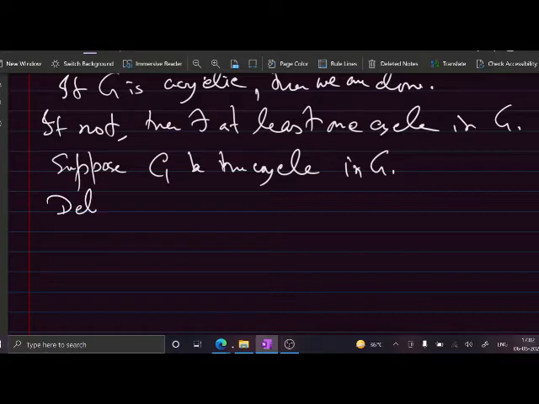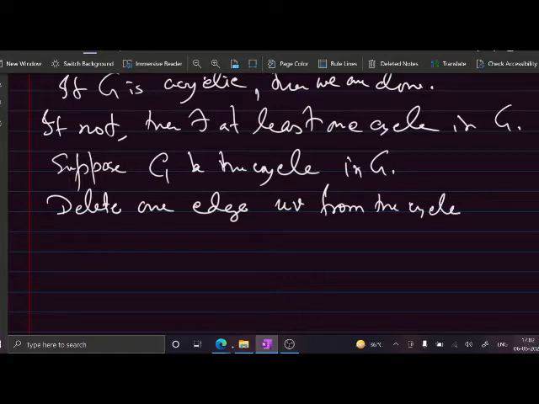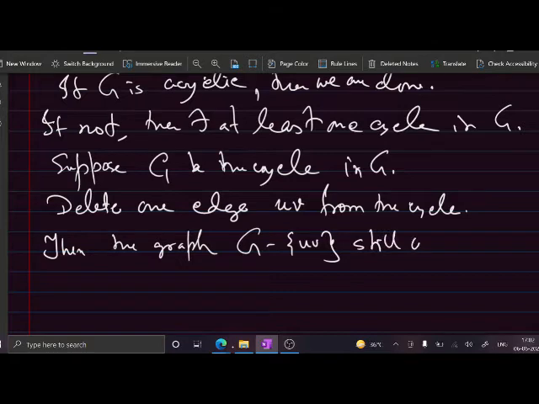So you are going to delete one edge of your choice from the cycle. Then the remaining graph is still connected, right?